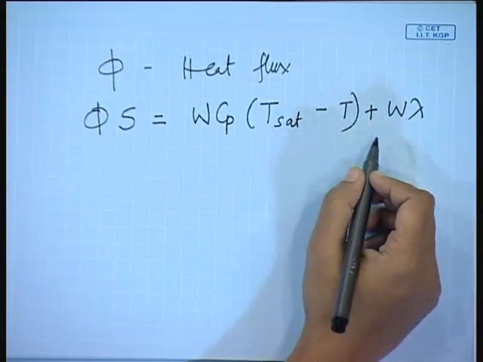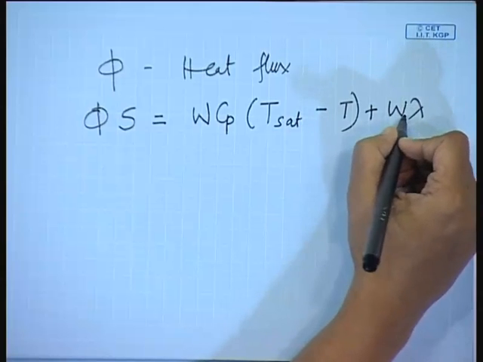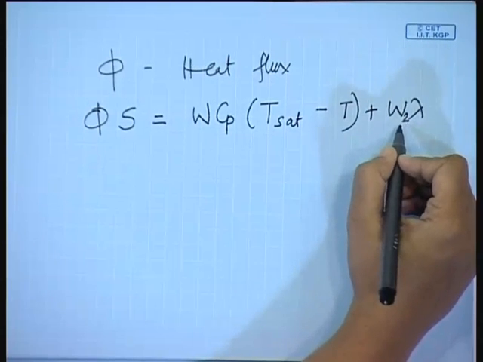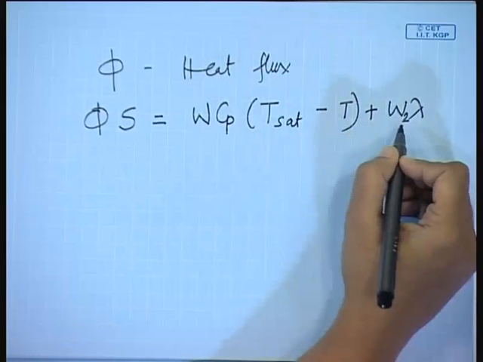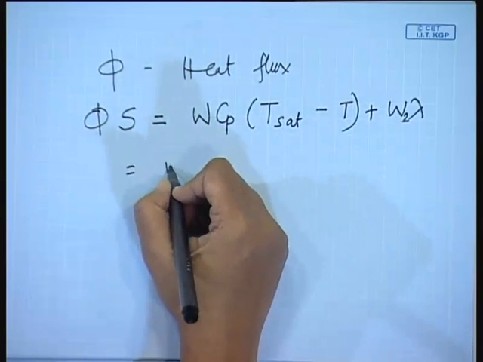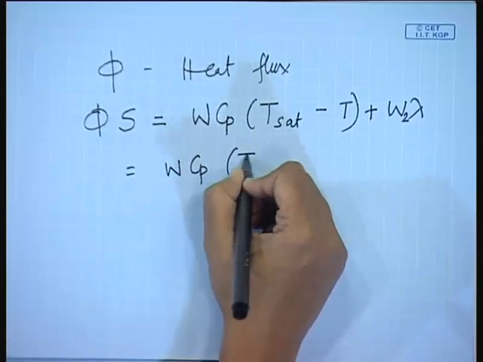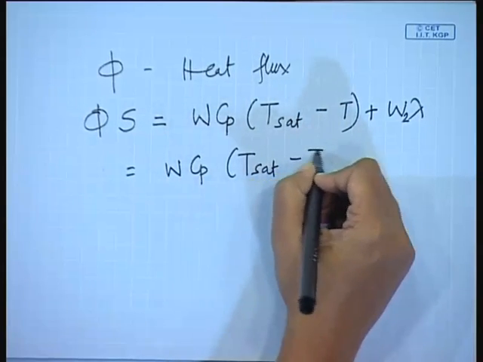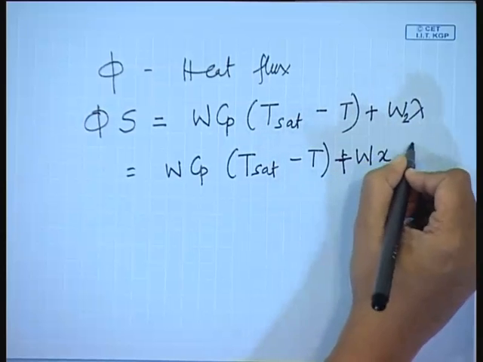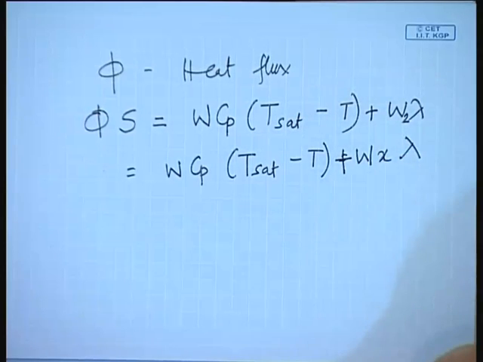Sorry, it is not W into alpha, it is W2 into alpha, very sorry. And what is this W2? The amount of W which has vaporized, isn't it? Or in other words, this can be written down as W Cp (T saturated minus T) plus W x into lambda.